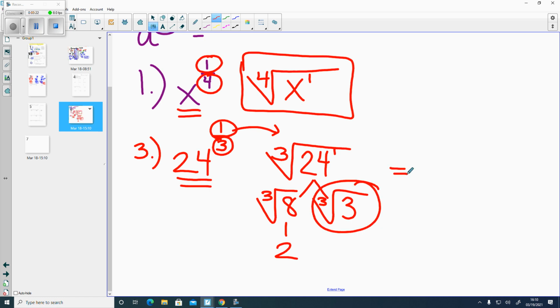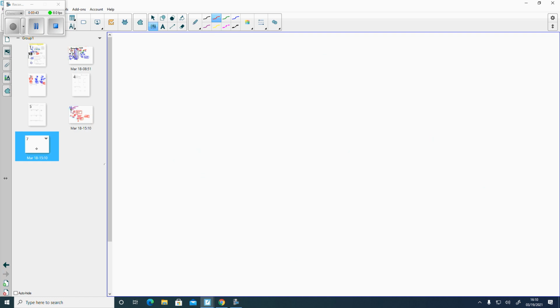And so my final answer is going to be 2 cube root of 3. So I changed it from exponential form, where it had a fraction as an exponent, and I changed it to radical form.